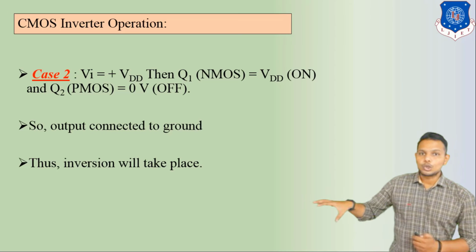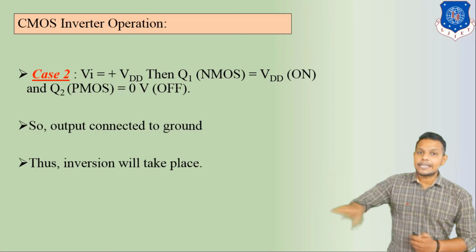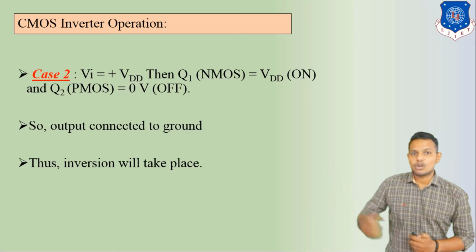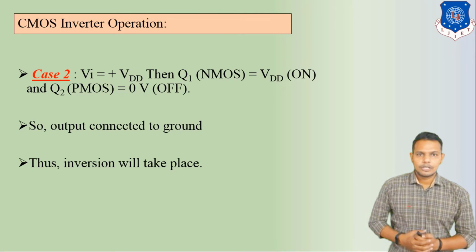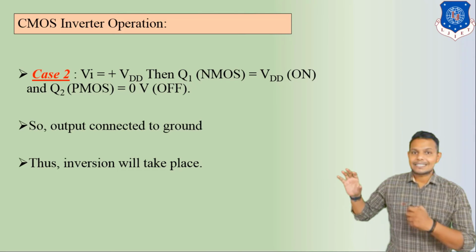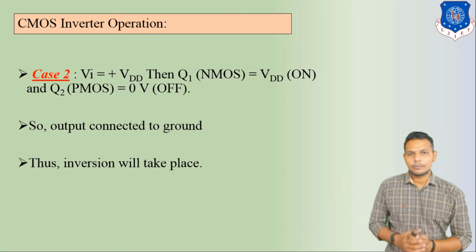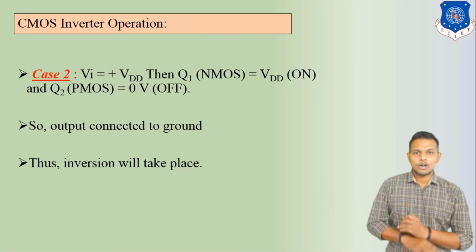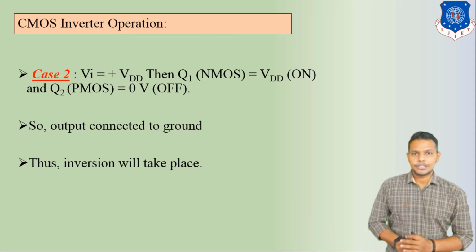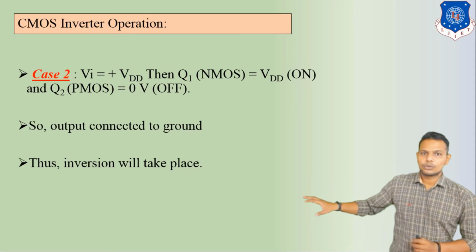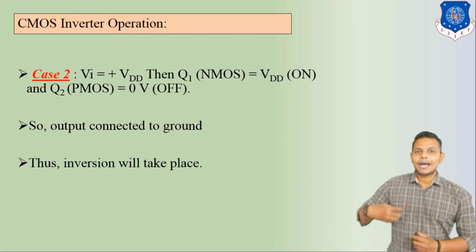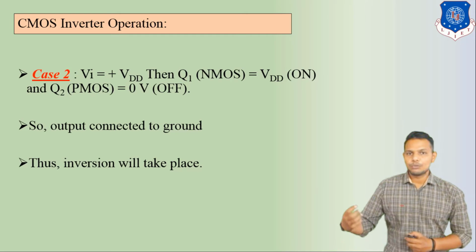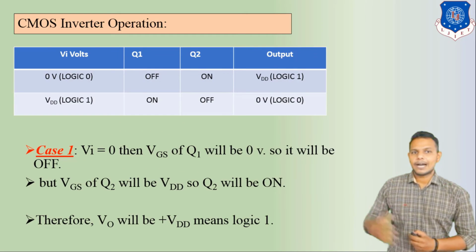But Q2, which is P-channel E-MOSFET, or we can say PMOS, is equal to 0 volt. That means off. So your output is connected to the ground. That means you will not get any output voltage. So that means inversion will take place. If you apply logic 1, you will get 0 at the output side.